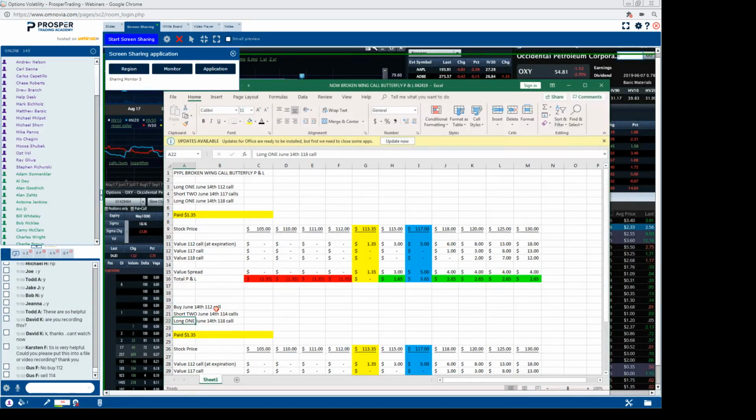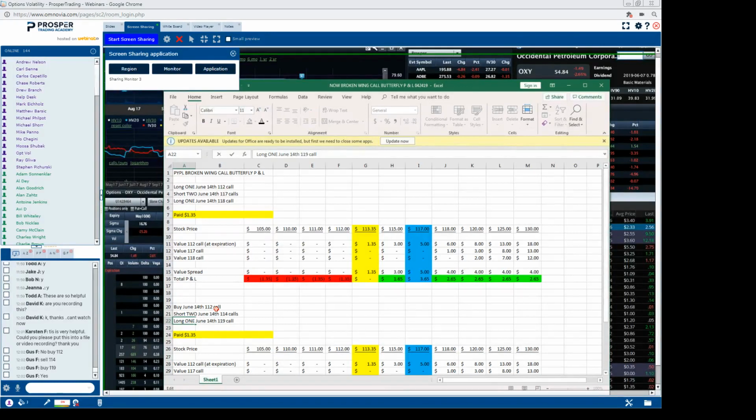So $2 wide on the long part of the butterfly, but then instead of looking at a broken wing where we'd maybe buy the 115 here, or if it was a regular butterfly, we'd buy the 116, Gus is looking at buying all the way out to the 119.